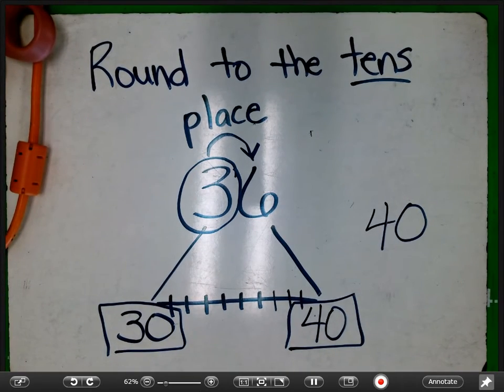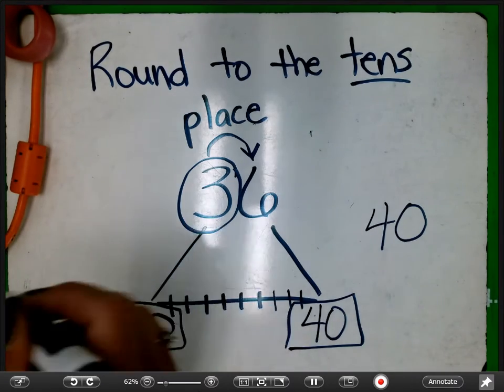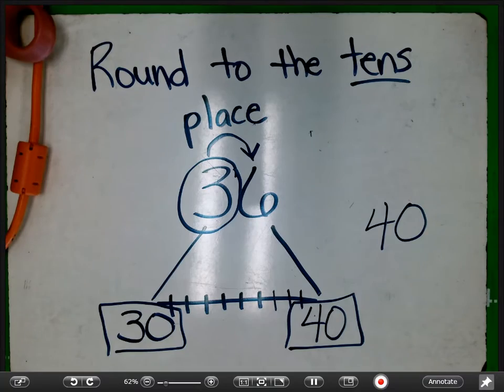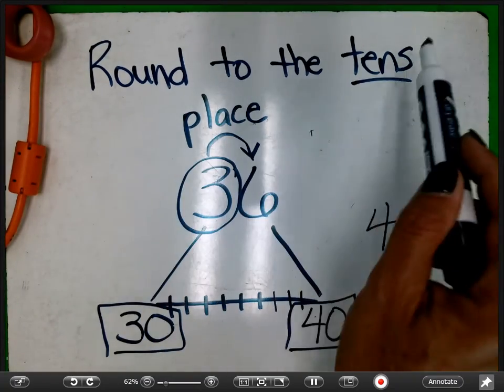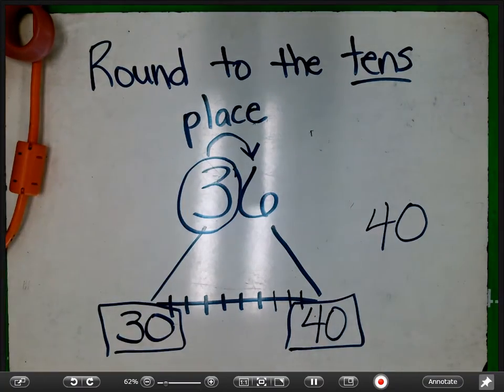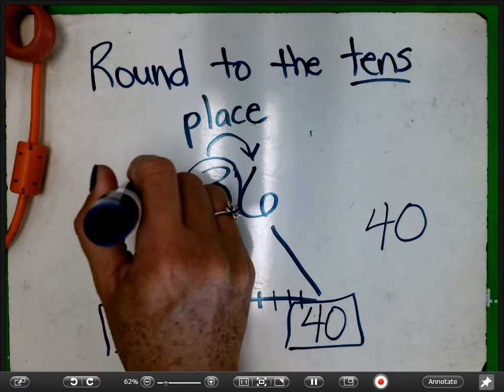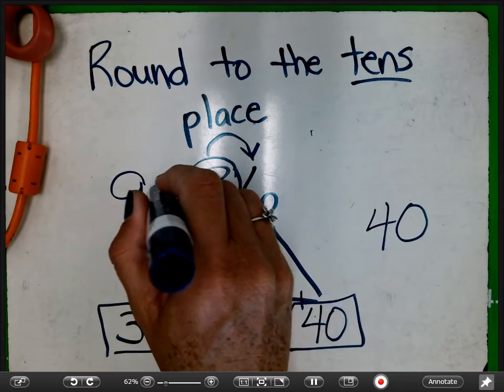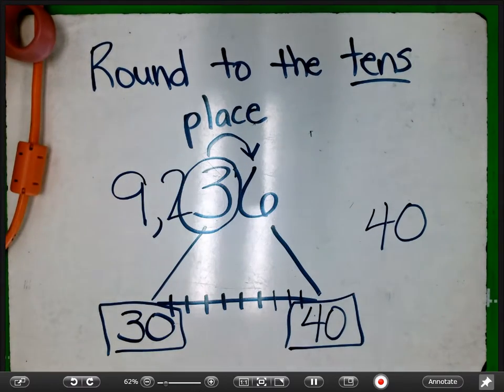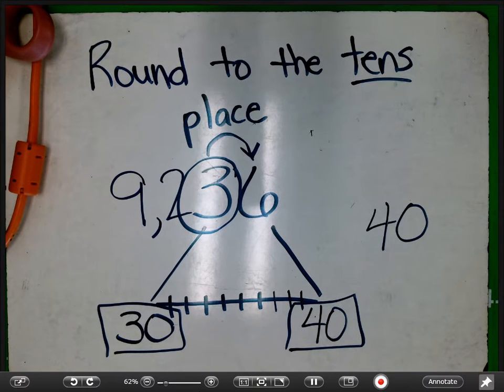Now, can I show you something really quickly? What if there were some numbers in front of this 36, but it still said round to the tens place? For example, what if the number was 9,236? Then they would just get to ride along.